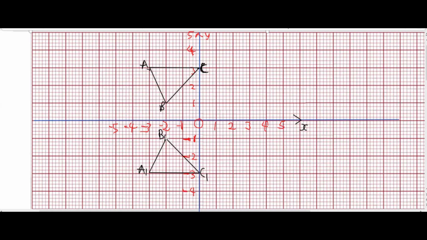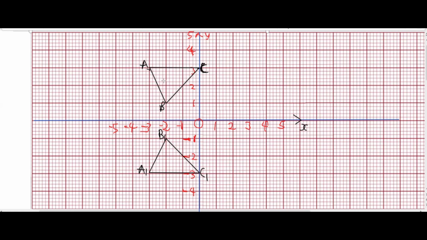So you can see that under reflection, the size of the original object is not altered. It's still the same size, but the position has been shifted. The position of A is no more here; it is now here. If we imagine folding this paper along the x-axis, the image and the object will coincide.